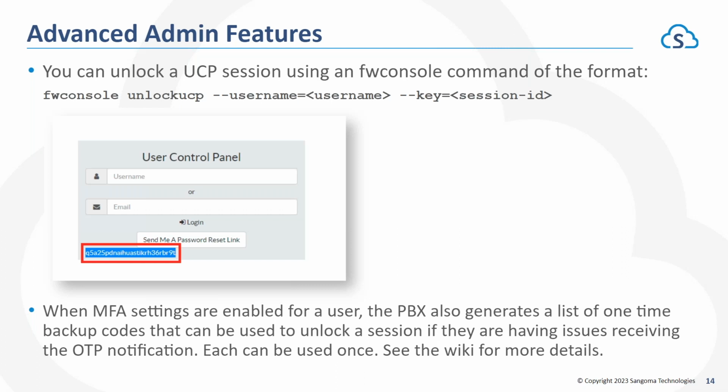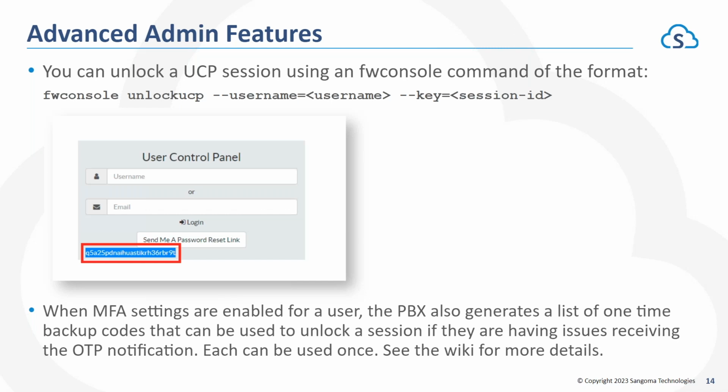It is also a case that when you enable MFA for a user, a series of backup OTP or one-time PIN codes are generated for the user that they can use in the case where they are unable to receive a conventional MFA challenge over email or for their authentication app, however it's been set up.